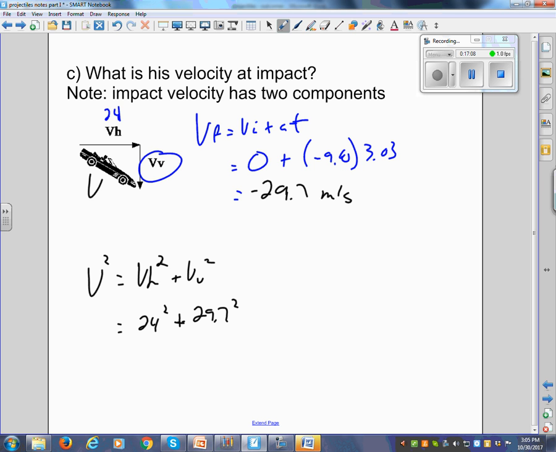Does it need to be negative in there? You're just going to square it. You're just doing Pythagoras. 38.2.